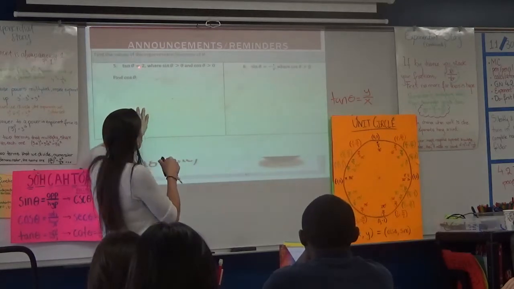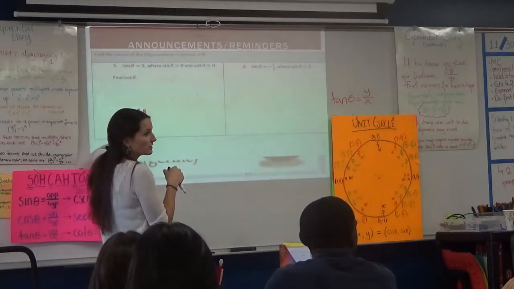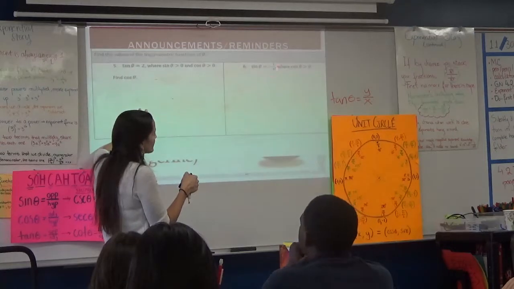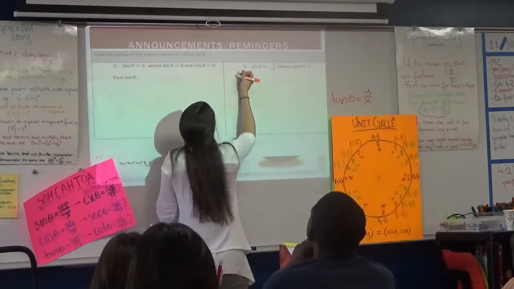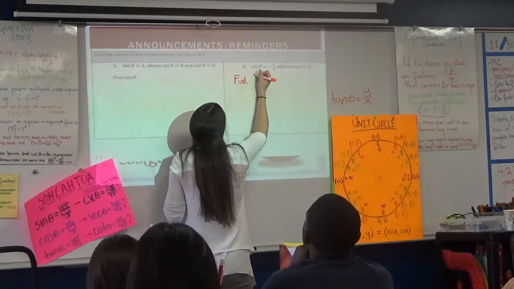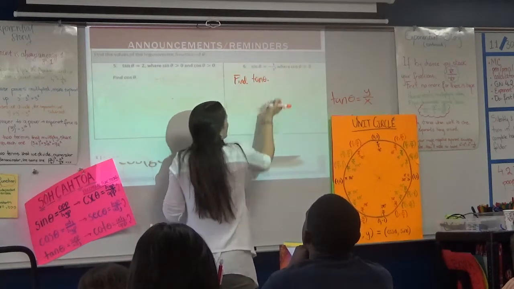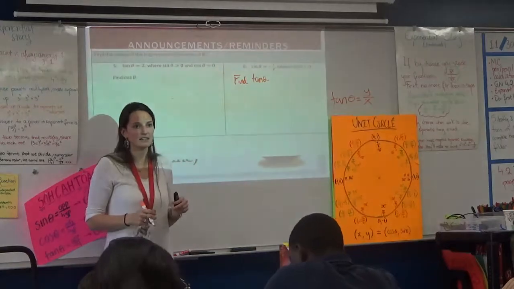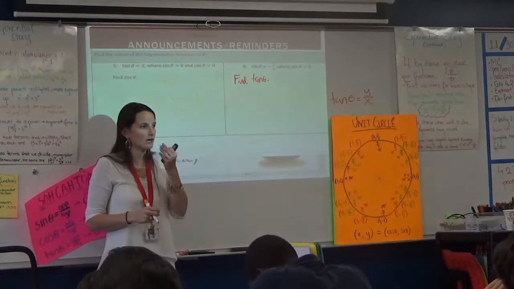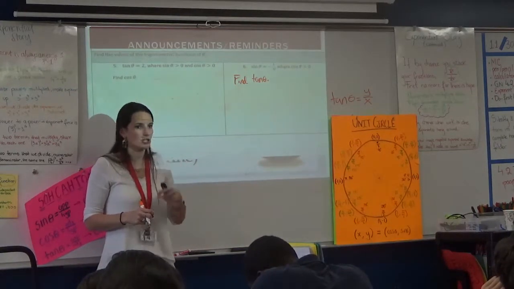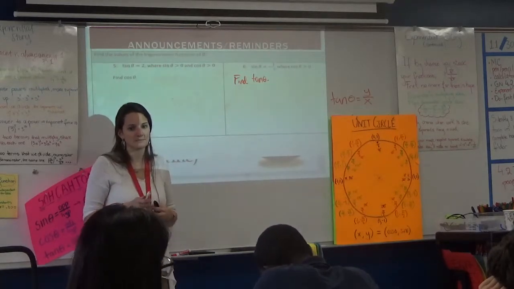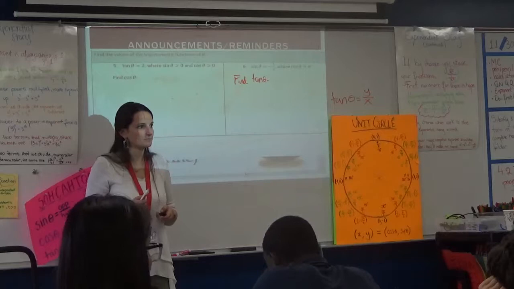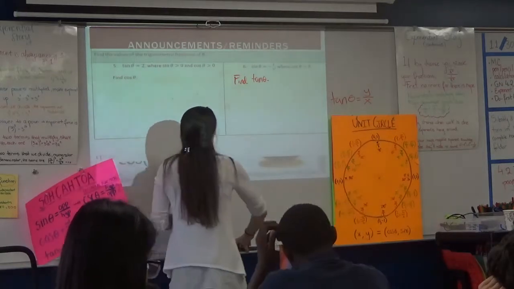Okay, so for this one, I gave you tan, I asked you to find cosine. For number 6, I give you sine, I don't ask the question. So you need to find, my bad, tangent. Go ahead and add that, because there's not a question. For that one, I want you to find tangent of theta. Okay? Alright, that's all we got with that.